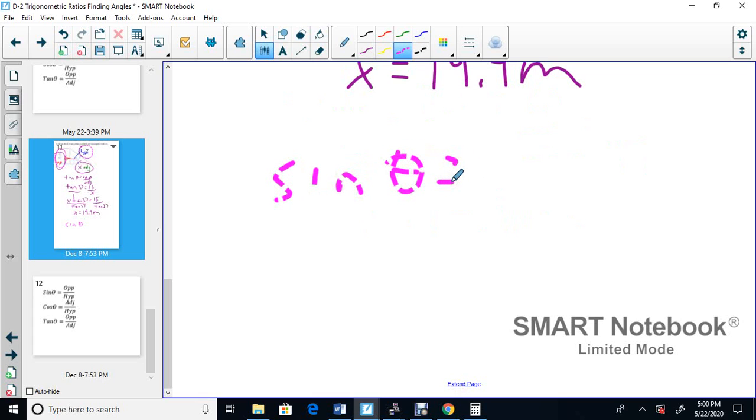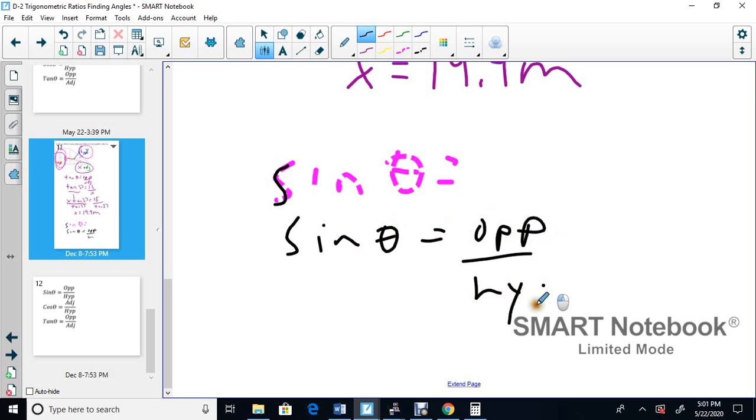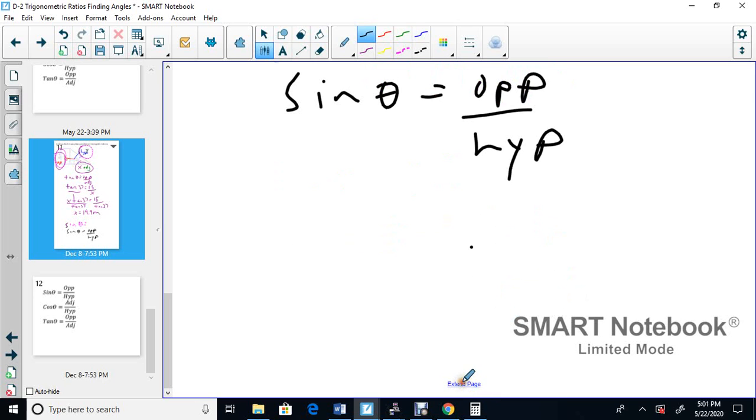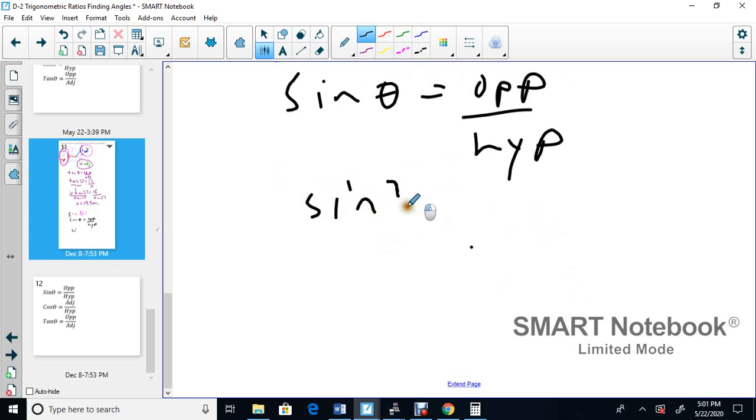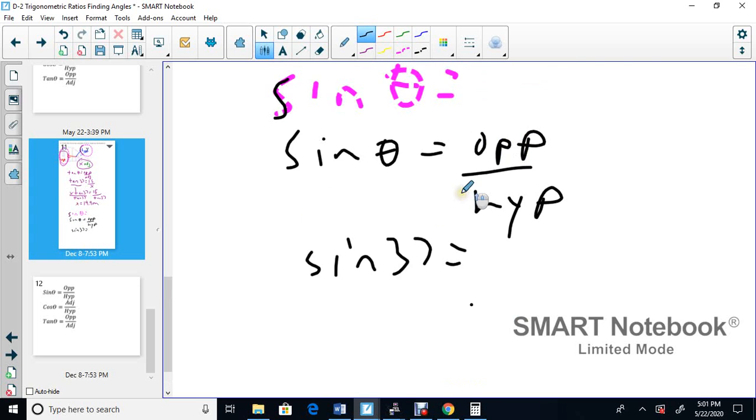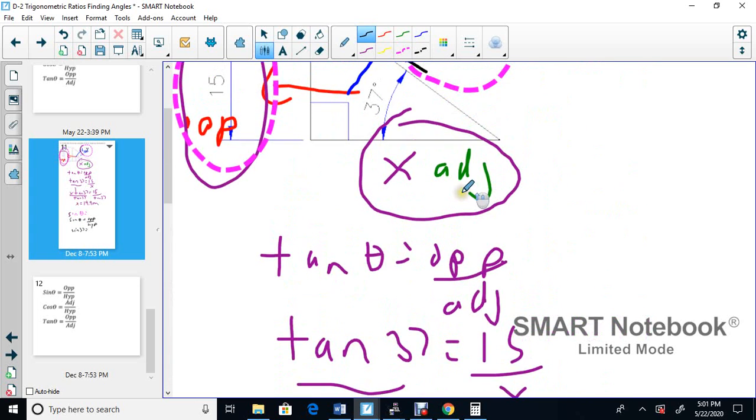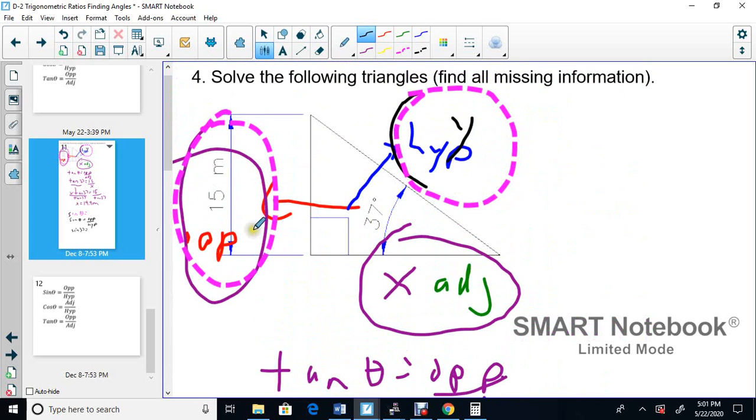Sine of the angle is opposite over hypotenuse. The angle is 37, so sine of 37 is 15 over y. Just double check: 15 is opposite, over y.